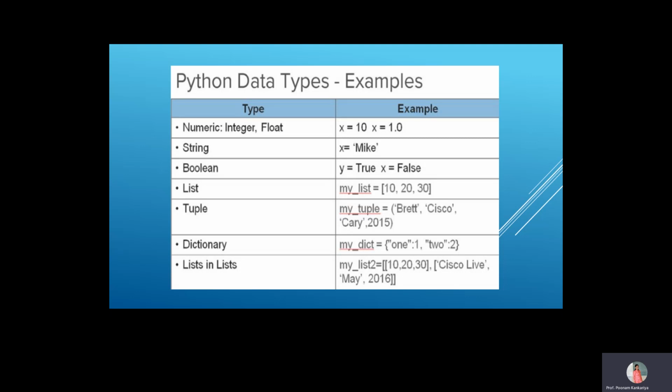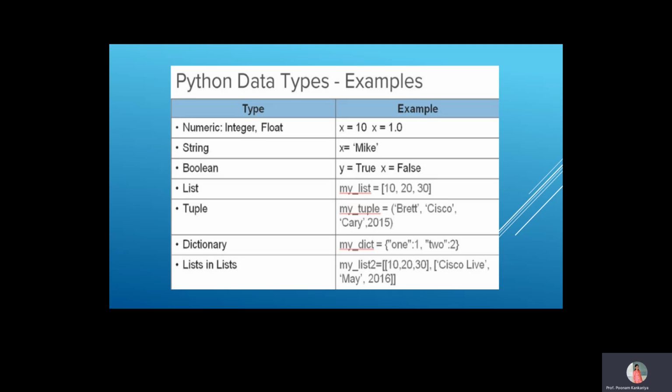So both are different. Now we will see an example of a complex number. Suppose x plus yj. In this example, x is the real part and y is the imaginary part. Here we also see an example of a string. In this we take the variable x and the string is mine.